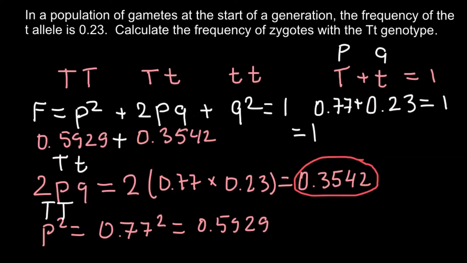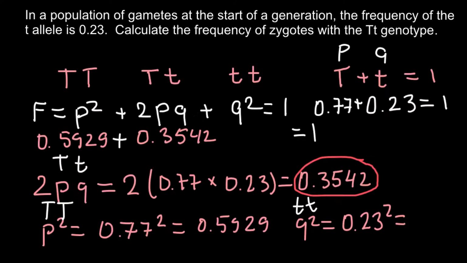In our calculations for homozygous recessive genotype, we have q squared, and q, or small t in our formula, equals 0.23 squared.